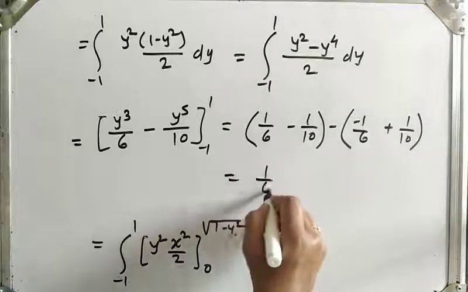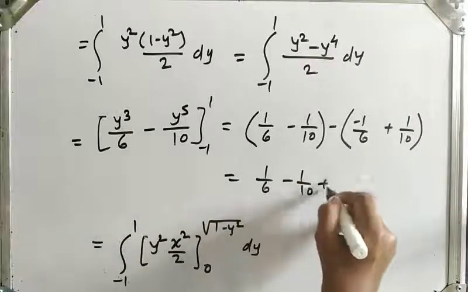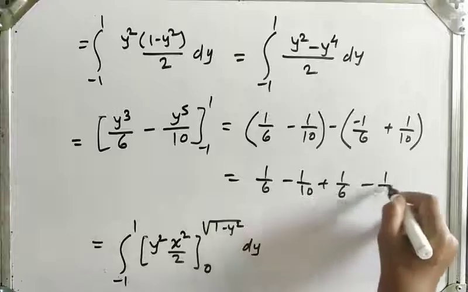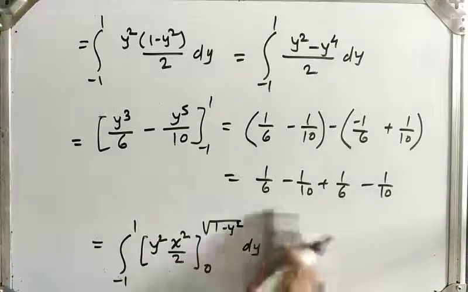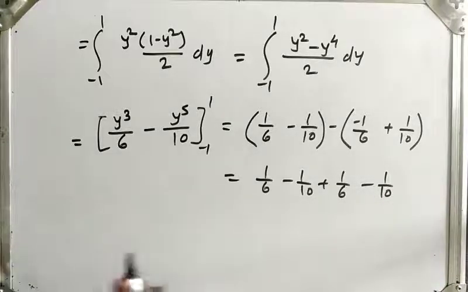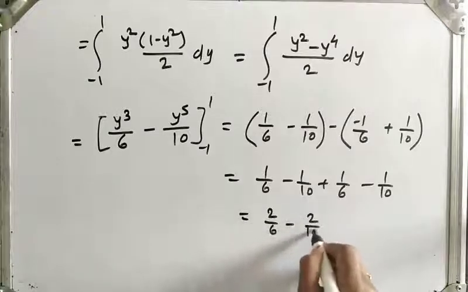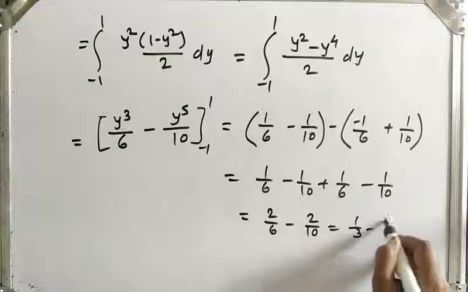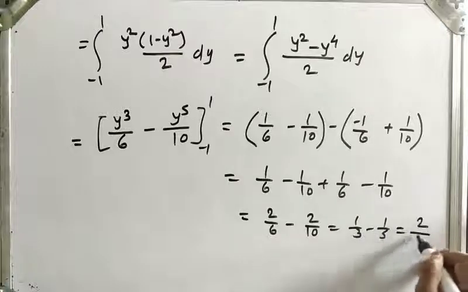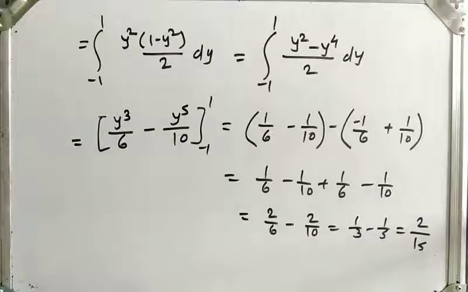That is 1/6 minus 1/10 plus 1/6 minus 1/10. So it is 2/6 minus 2/10, that is 1/3 minus 1/5, that is 2/15. So our answer is 2/15.